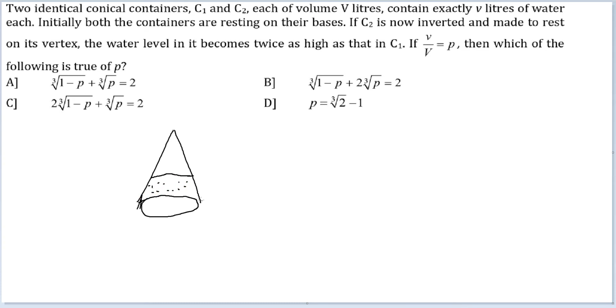What I'm doing is taking the volume of this entire container C1 as 1, and the entire height of this container also is 1. I'm taking these numbers for the sake of calculation.